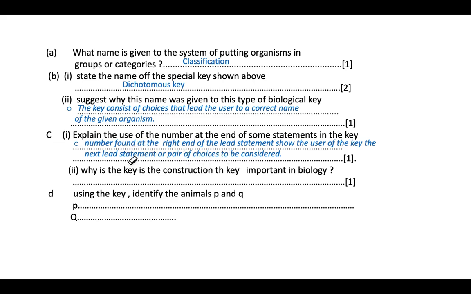And then here we have C2. We can state: why is the key construction important in biology? So that's how it should be.